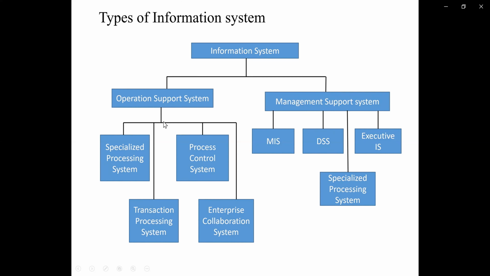The operational support system is divided into specialized processing system, transaction processing system, process control system, and enterprise collaboration system. The management support system also has different types: MIS, that means management information system, decision support system, executive information system, and specialized processing system.